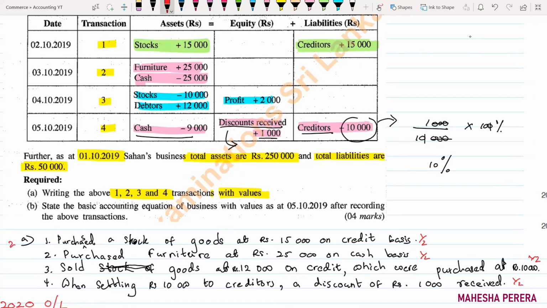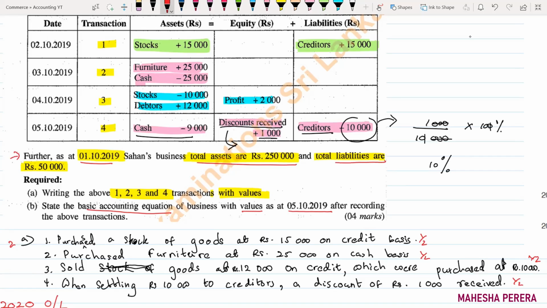Right. Now what is B? State the basic accounting equation of business with values as at 5th of October 2019 after recording the above transactions. So simply they ask you the closing balance. Right, now when you have to calculate the closing balance, make sure to include the opening balances as well. Can you all remember? Here they have given the opening balances as well.